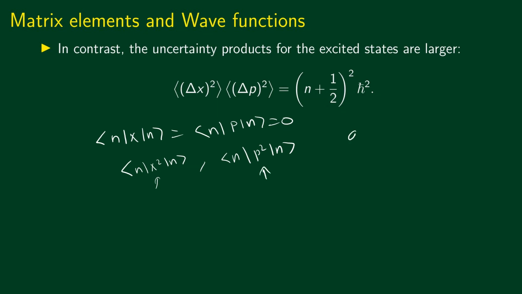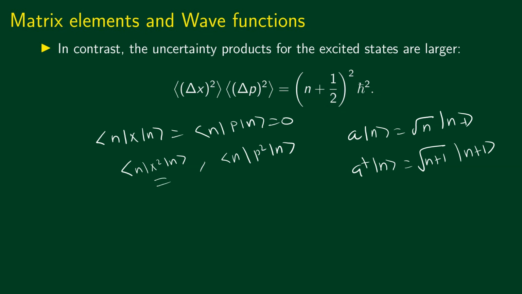Then you can use the relations a acting on ket n is equal to square root of n multiplying ket n minus 1, and a dagger acting on ket n is equal to square root of n plus 1 multiplying ket n plus 1. Using this and the orthonormality relations, you can find the expectation value of x square and p square for any energy eigenket denoted by ket n.